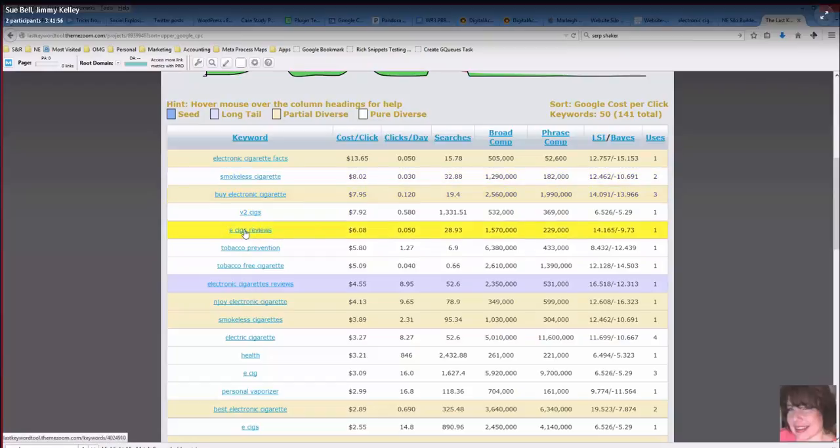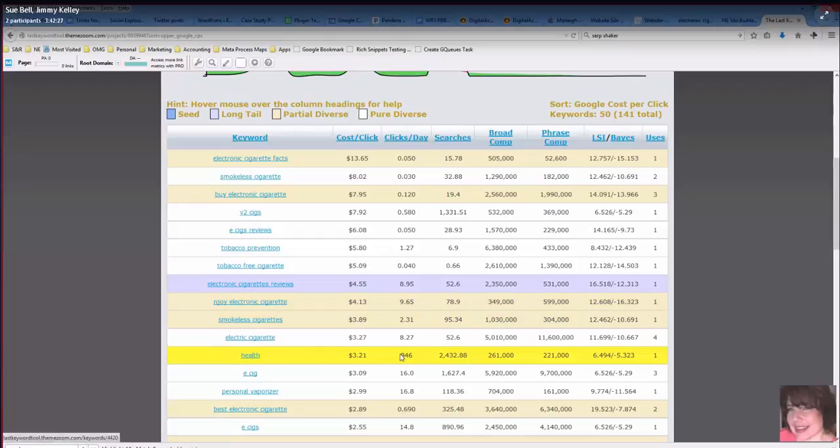So e-cig reviews, if I'm going to position one way or another, that's an easy way for me to think about doing something like that. And then these are just more generic; buying facts is a good keyword too. And then this concept of tobacco-free cigarettes goes kind of along with smokeless cigarettes. So I could maybe fit those kinds of concepts into a silo and do something there.